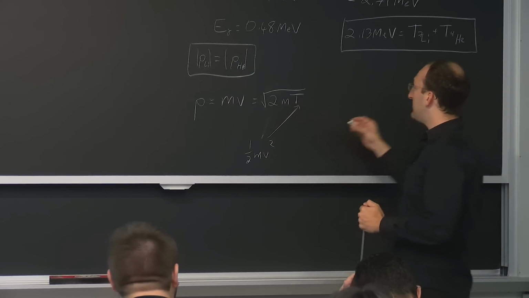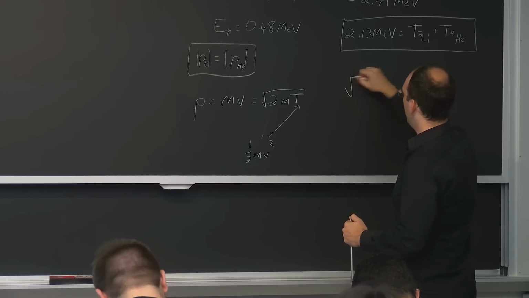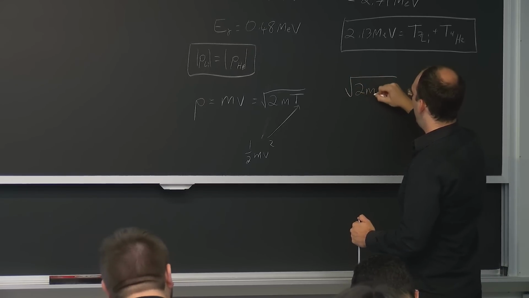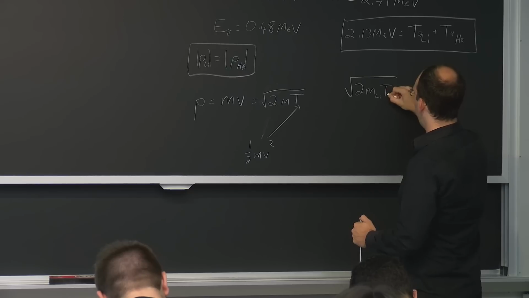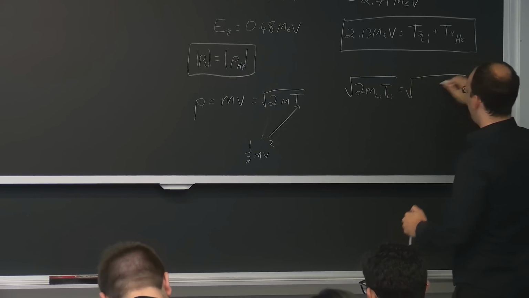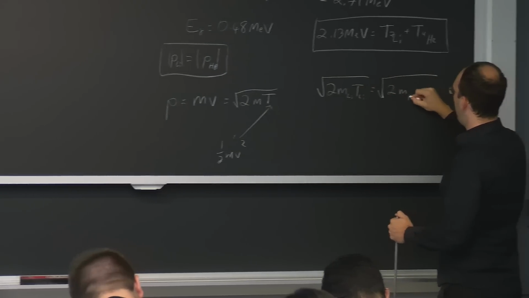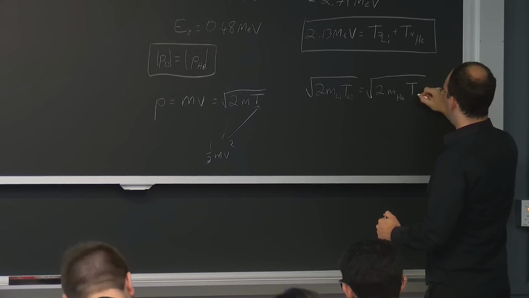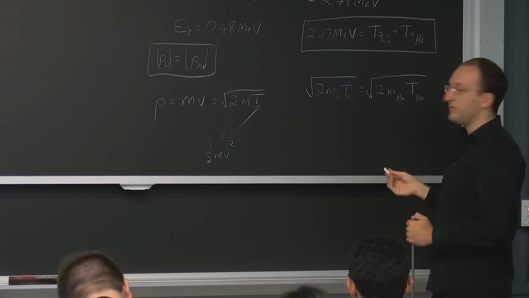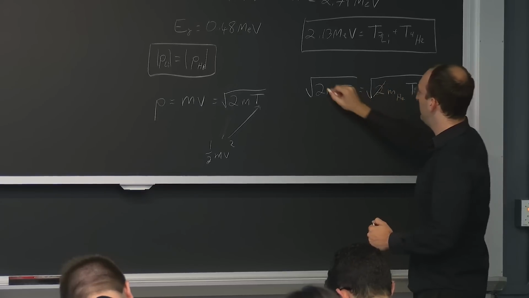So now we can say that root 2 mass lithium T lithium equals root 2 mass helium T helium. And they both have a square root of 2.